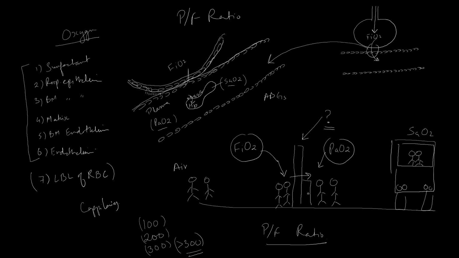Once you start thinking about that, these numbers will slowly not matter, but the meaning behind them is going to matter. Whenever you see your patient going from 200 to 300, an image will start to form in your mind that things are improving in this area. And if a patient worsens and goes from 300 to 100 PF ratio, you will start to imagine that something is going on over here.